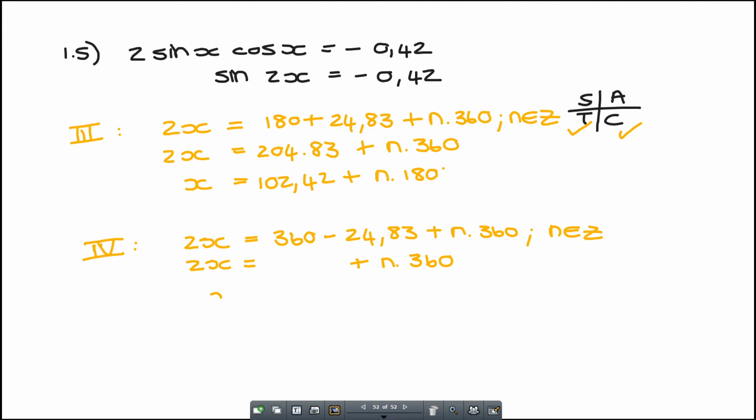Ek wil net gou eers gaan deel. 360 minus 335,17, 167,59.